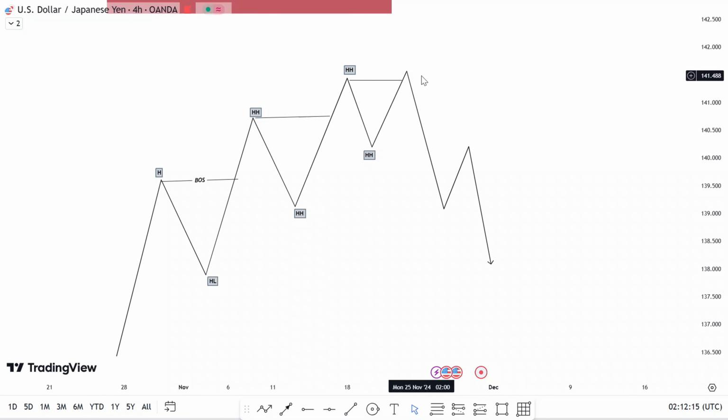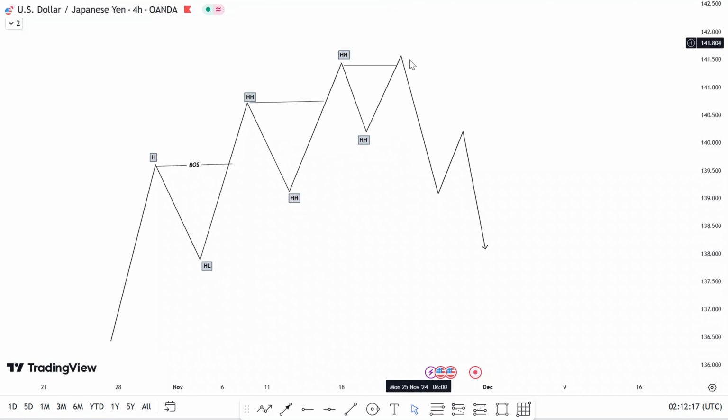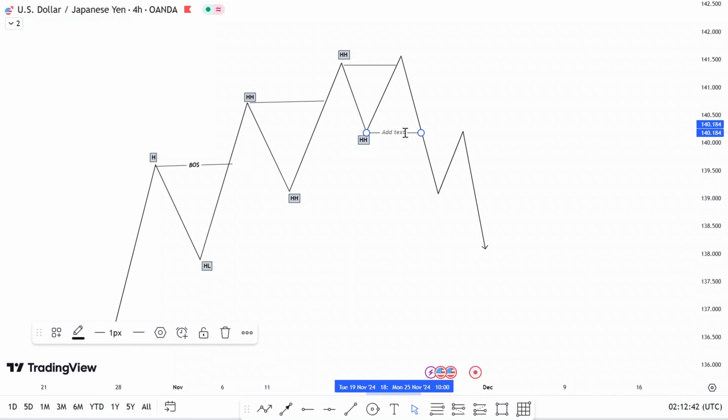Now, the market went down, it created a higher low, went up, but it was unable to create another higher high. Rather, it came down to go below this recent low. The market going below this recent low is known as a change of character. There are some criteria in order to validate this as a change of character.